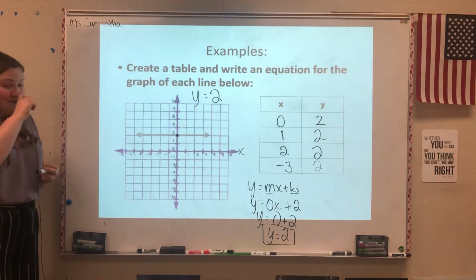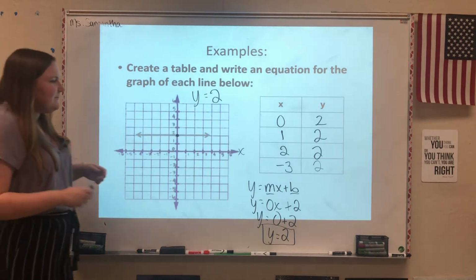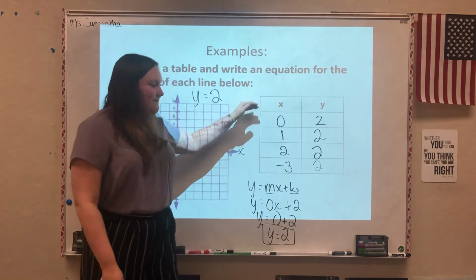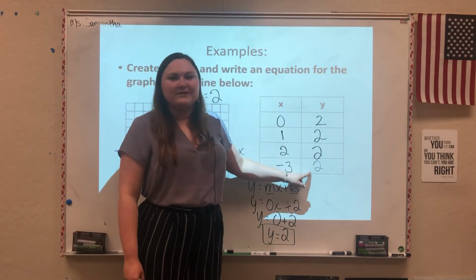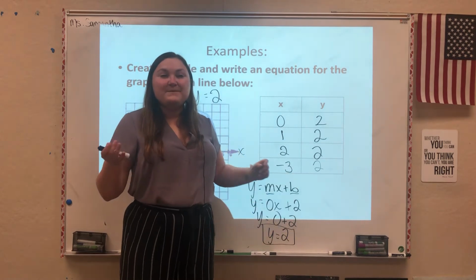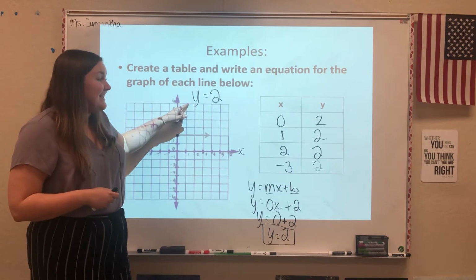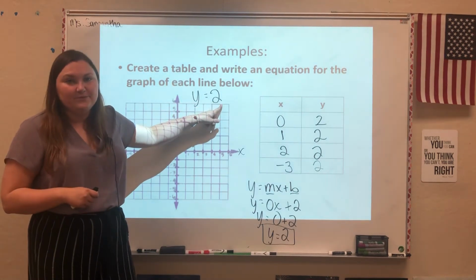Now I know we've got the equation, but I want to pause here and talk through some things. One of the things you might have noticed in our table is that it didn't matter what that x-coordinate was. Every single time, that y-coordinate was 2. That helps make this equation here make sense. This equation is saying it doesn't matter what you put in for x because y is always going to be 2.